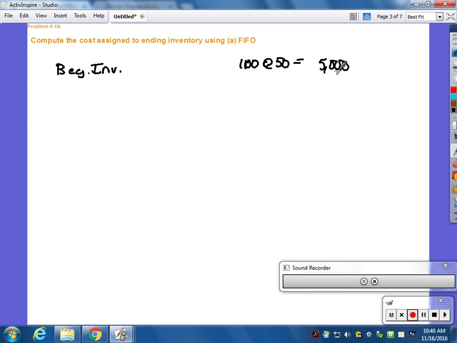And then on March 5th, they purchased 400 units at 55, which means now they have 100 units at 50 and also 400 at 55, right?